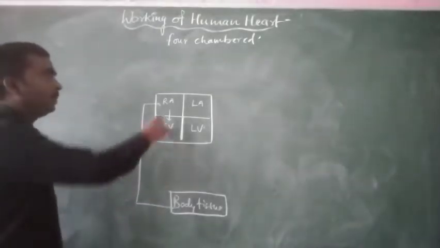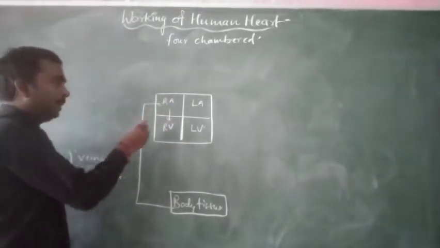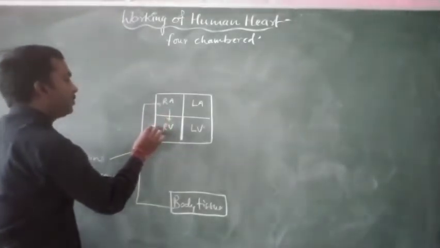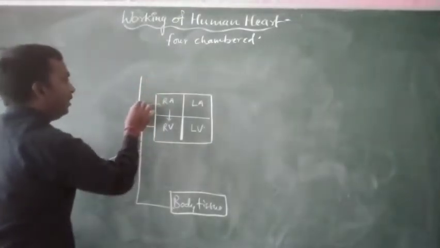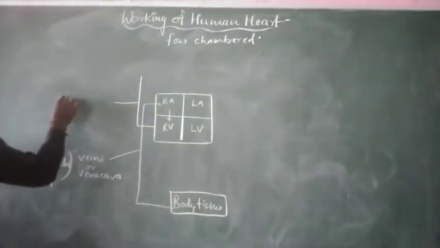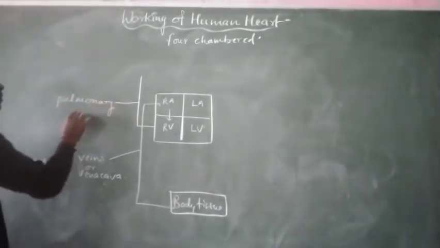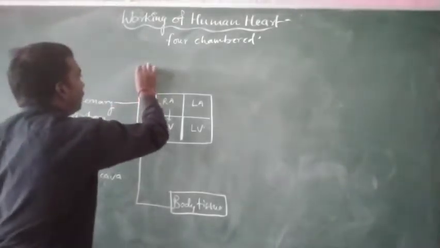So the right atrium contracts, the blood transfers to the right ventricle, and after contraction of the right ventricle, it pumps the blood through the pulmonary artery to the lungs.